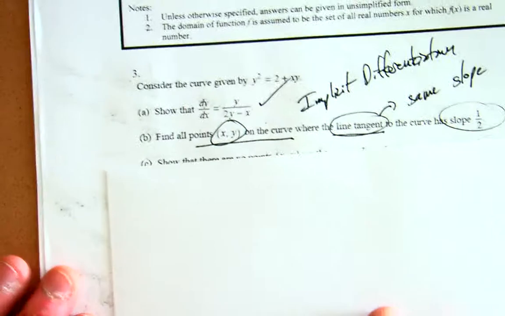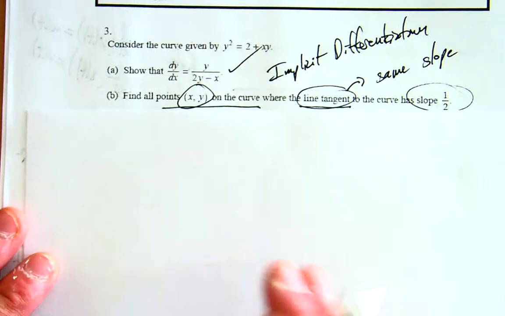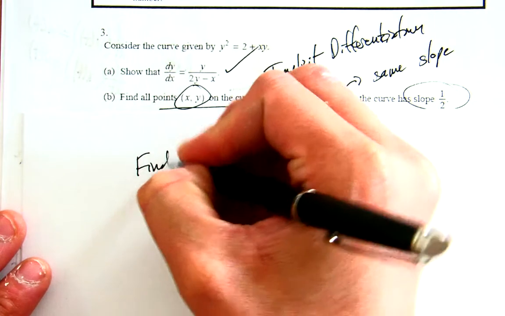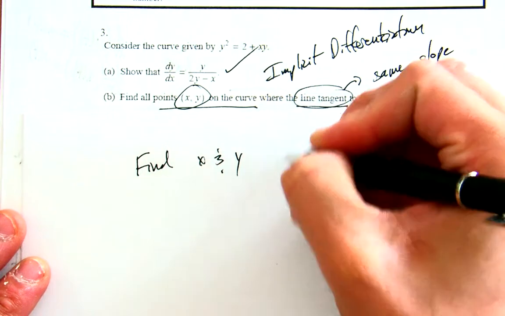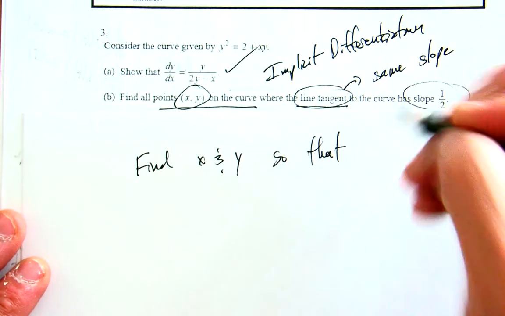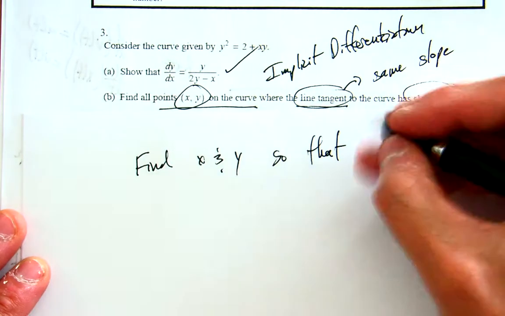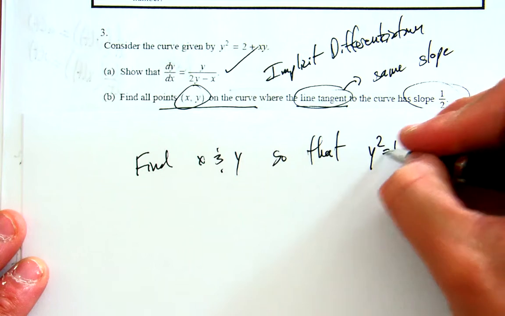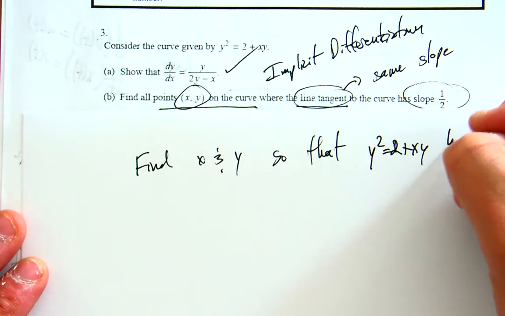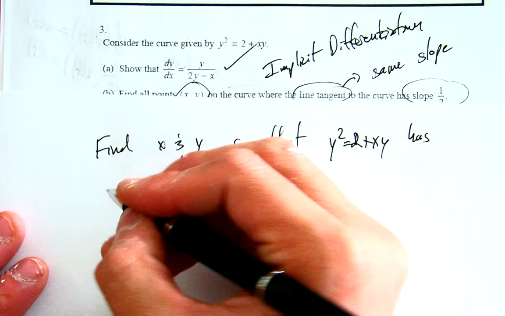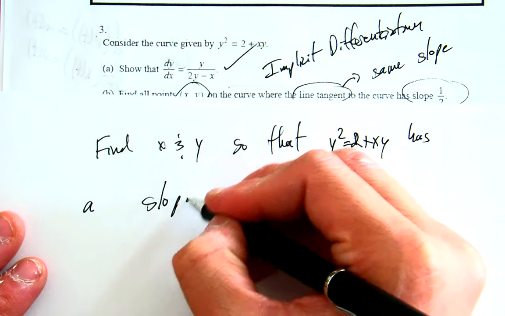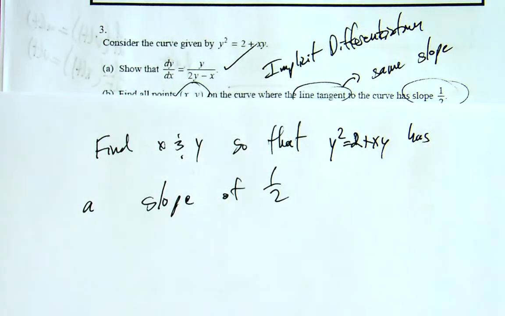So basically what B is asking is to find x and y so that this equation here has a slope of 1/2.